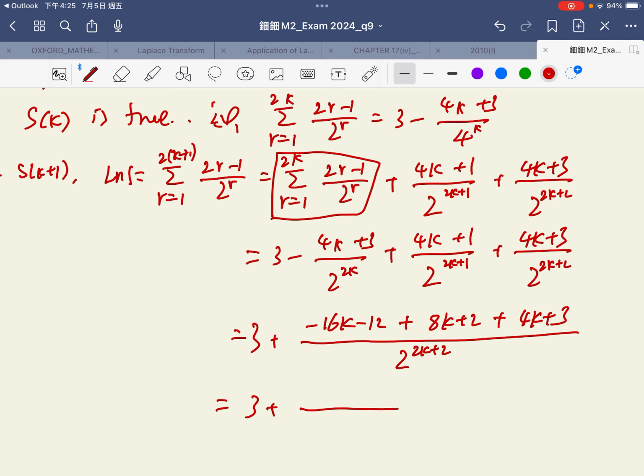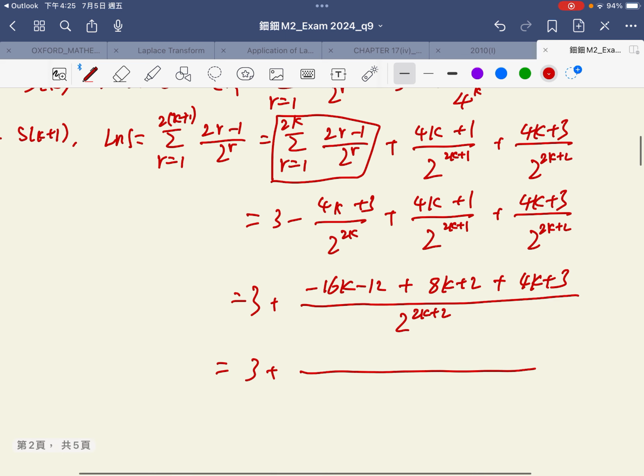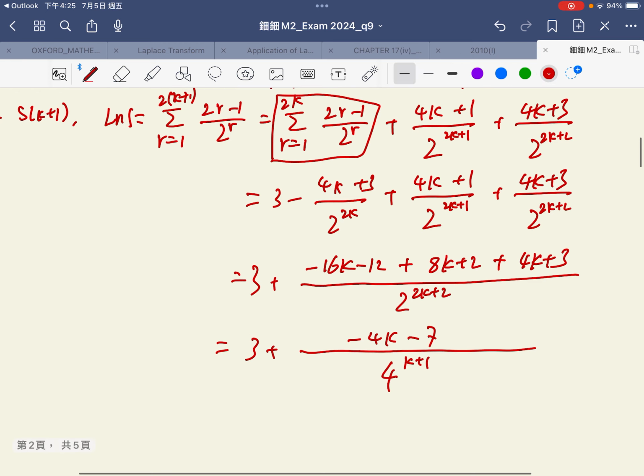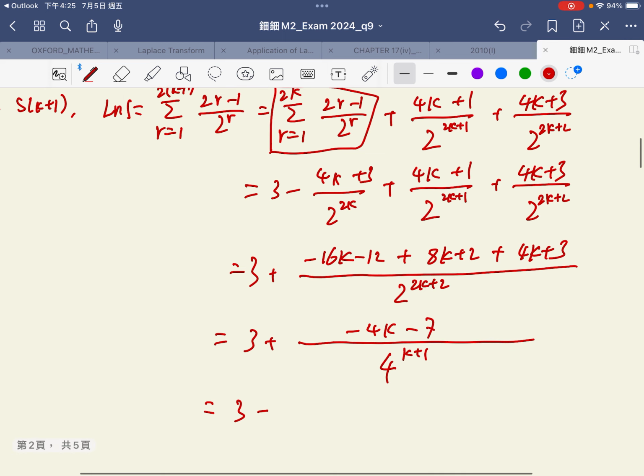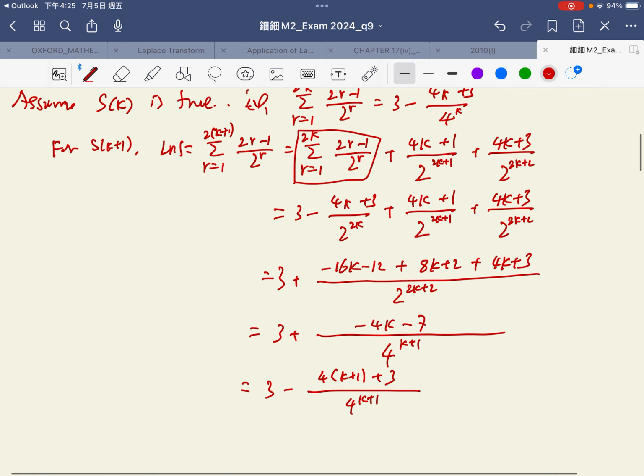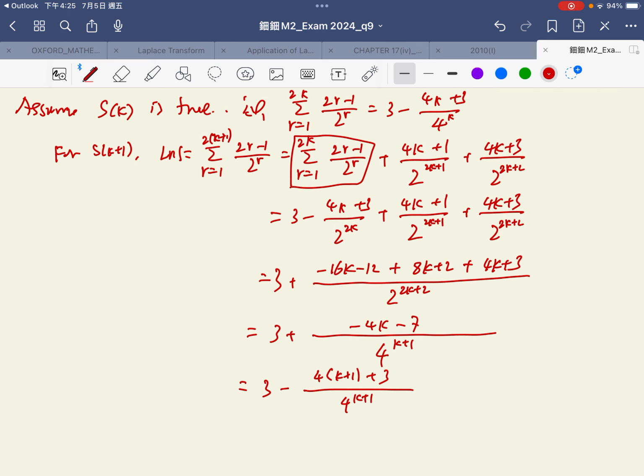And simplify the numerator, which is 4k minus 7, and change the denominator into 4 to the power k plus 1. Then factorize the minus sign, and the numerator is 4 times k plus 1 plus 3, which is actually the right hand side of Sk plus 1.